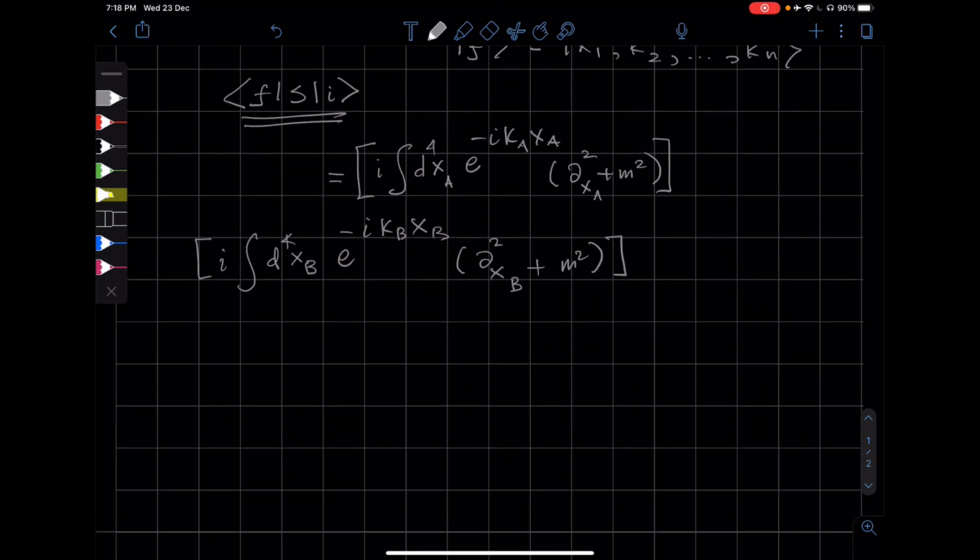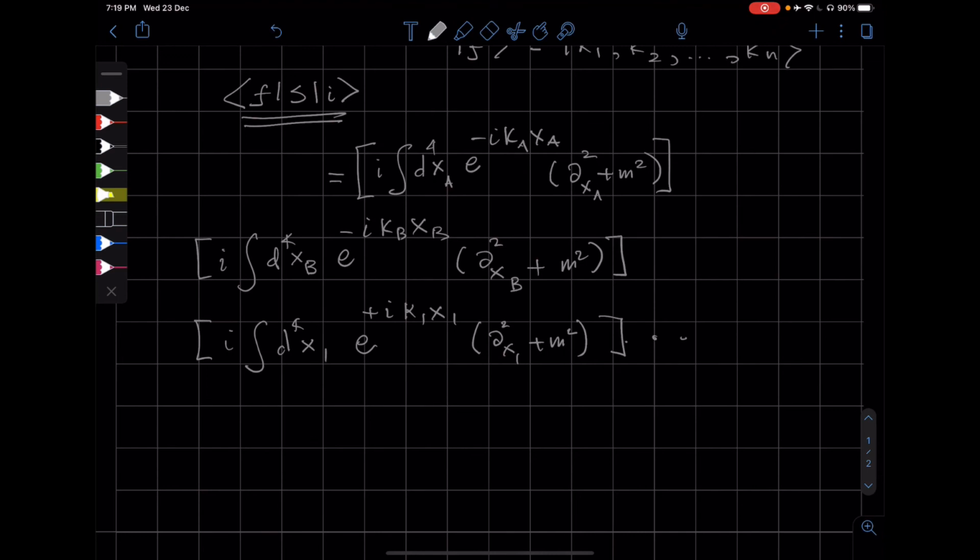And then we get similar factors for the outgoing particles. But for the outgoing particles, there will be a difference, and the difference is that the exponential will have plus i. So we have e^(i k1 x1) (del squared x1 plus m squared).